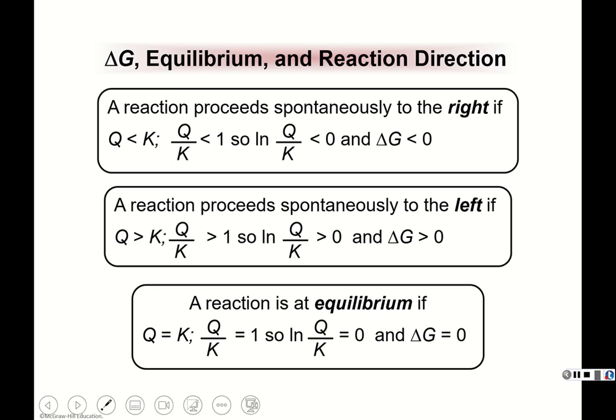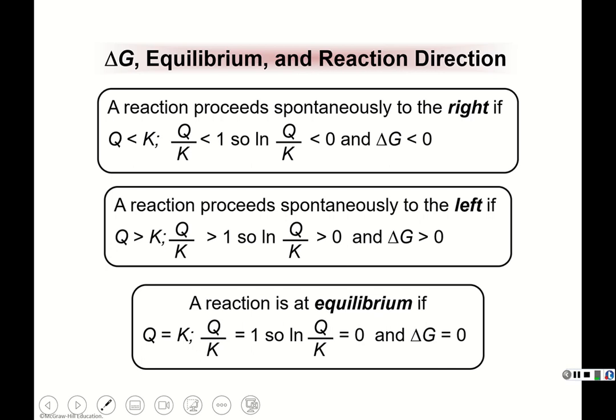So if we took the log of Q over K, that would be negative. Delta G is going to be negative in that situation. Okay, so that's a case.